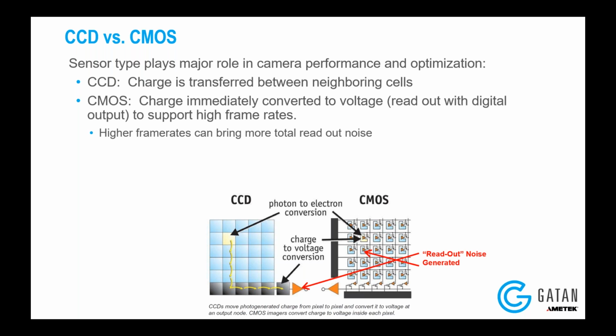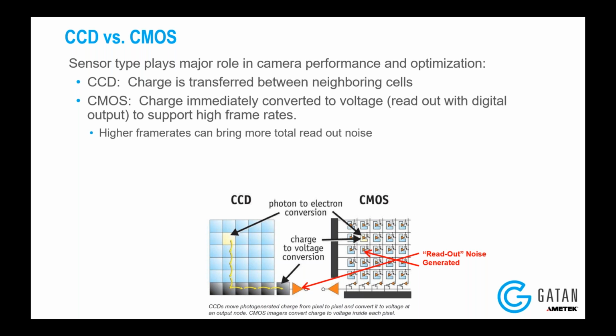So higher frame rates support high speed in situ. They support doing things like live drift correction that some people may be familiar with. But one thing that's important to note is that higher frame rates can bring about more total readout noise in data that you acquire, especially if you're integrating a significant amount of frames.